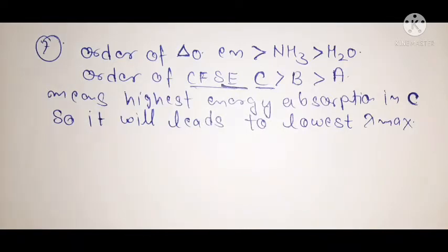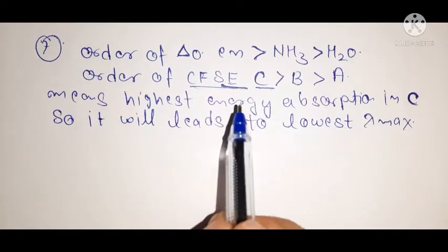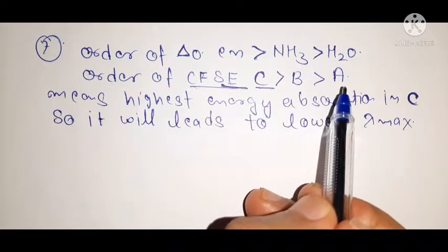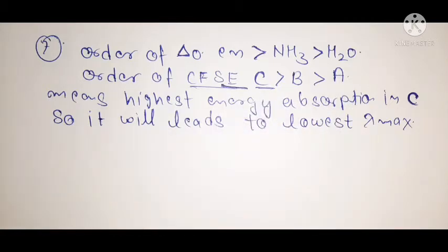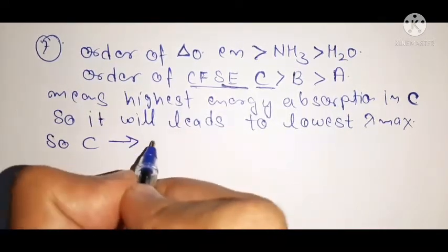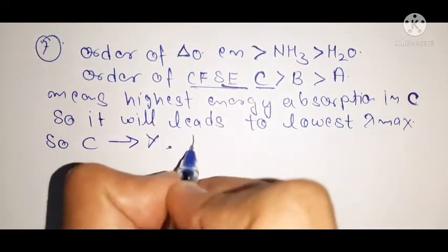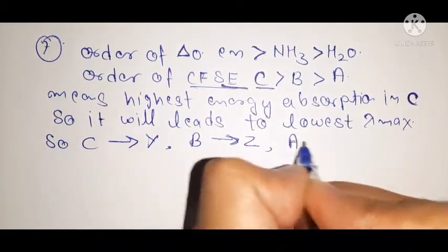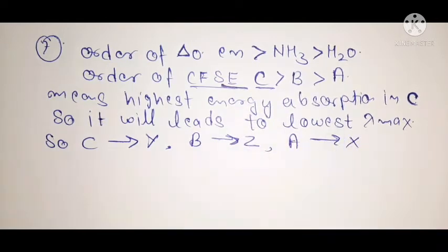And in this question, the highest lambda max is 675, which is X, and lowest is 565, which is Y. So that means your C relates to Y, and your A relates to X, and your B relates to Z. Okay, so that means C relates to Y, B relates to Z, and A relates to X, according to this conclusion.